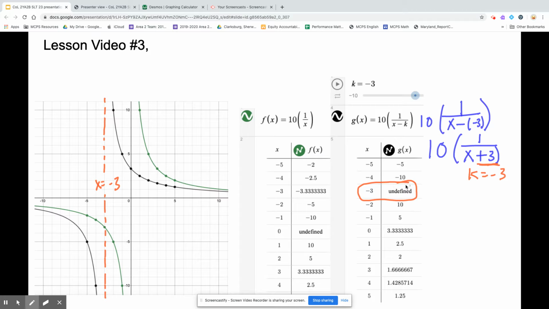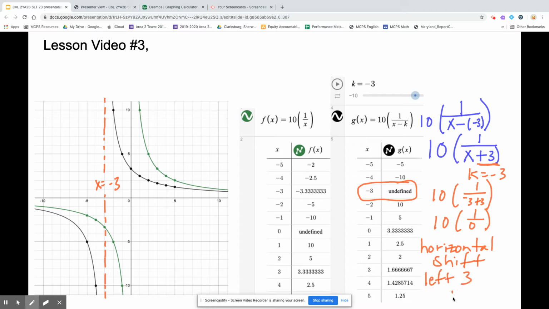Remember, this undefined piece tells me where my asymptote is. If I were to put in a negative 3 for my value of x, I would be dividing by 0, and I can't do this. This is what we call a horizontal shift. Left 3 units.